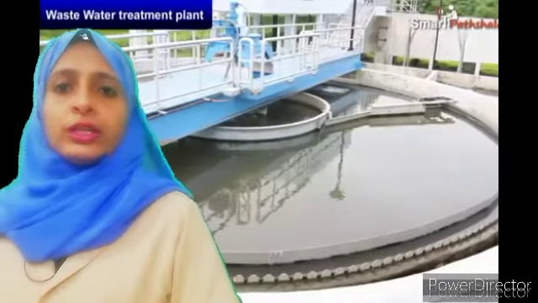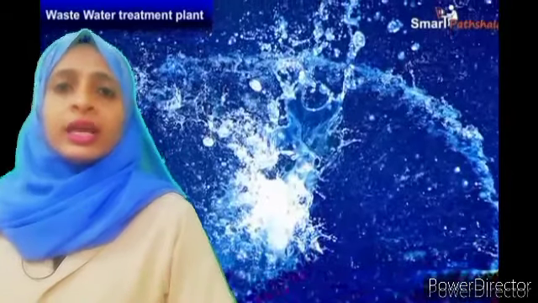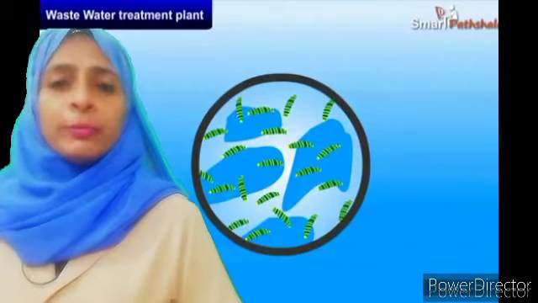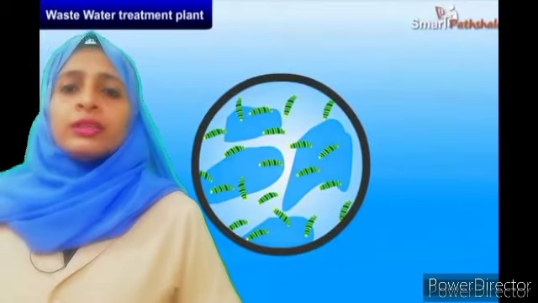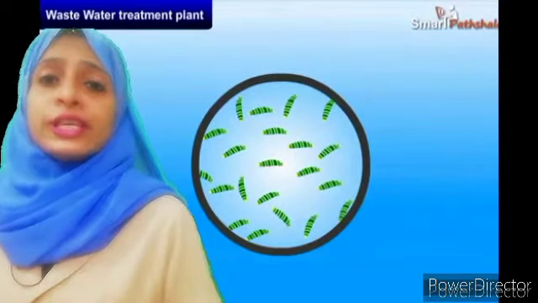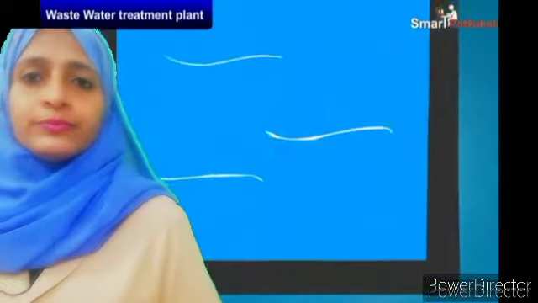This clarified water undergoes the biological process. That is, clarified water undergoes aeration. The aeration helps the growth of aerobic bacteria. These aerobic bacteria consume the impurities still remaining in the clarified water.